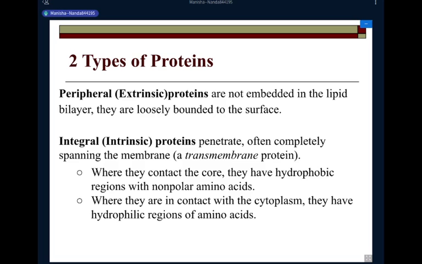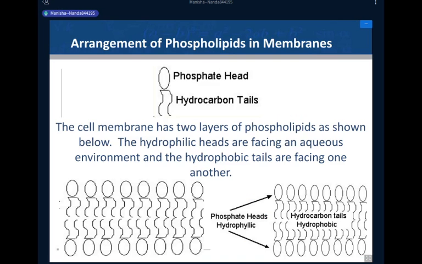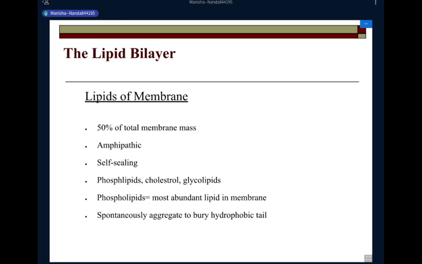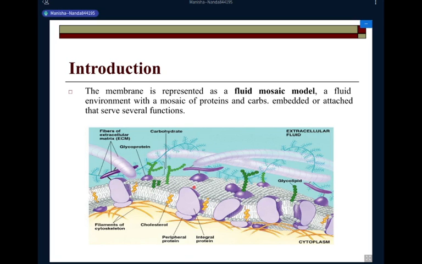Now, if we talk of the membrane proteins, then we can categorize them into two basic types. First one are the peripheral or the extrinsic proteins. I'll just go back to the diagram of the membrane. You can see here there are certain proteins that are located to either side of the lipid bilayer, and there are some proteins that are embedded.